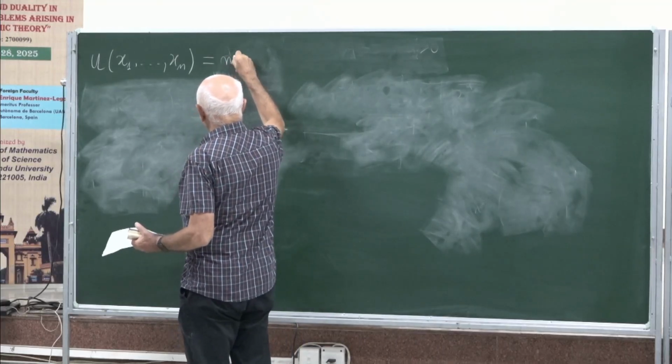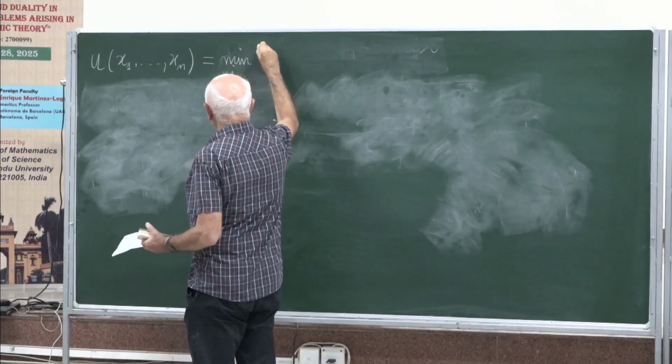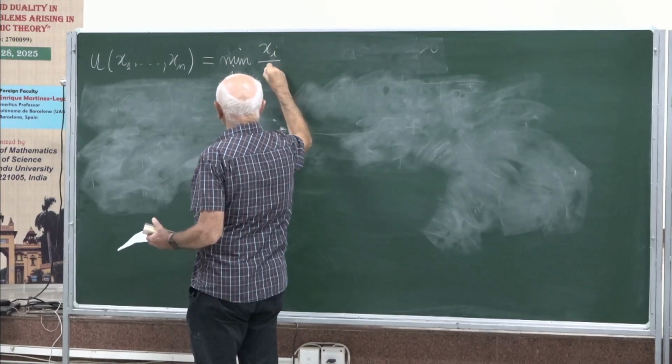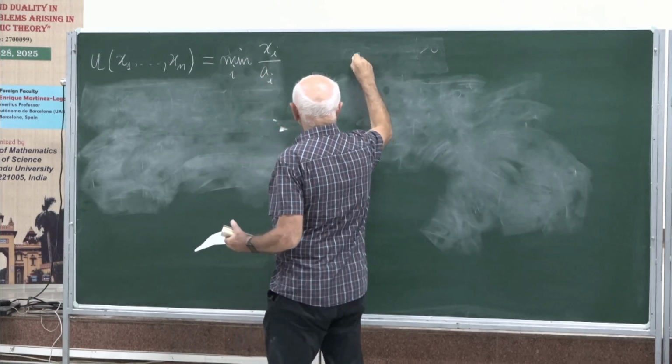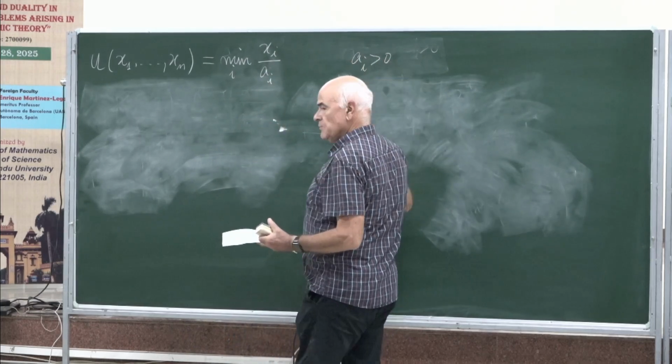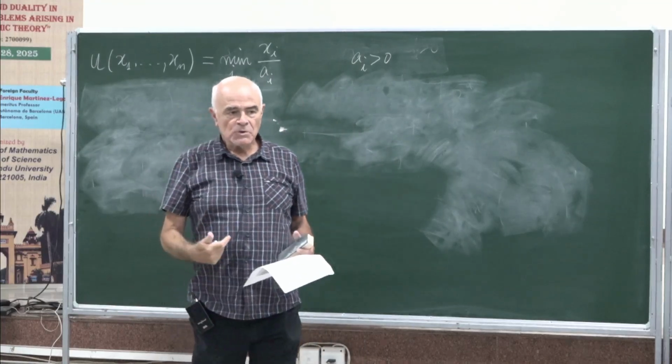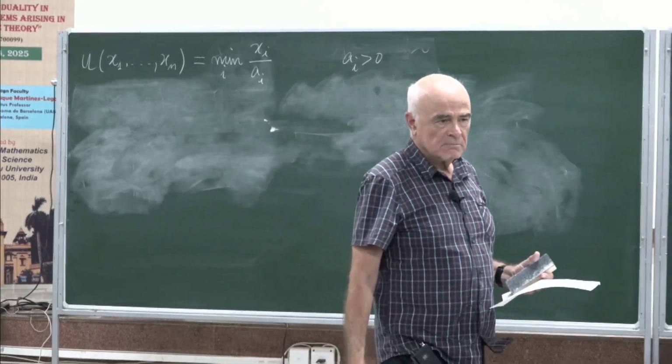So this is the minimum over i of xi over ai for ai positive. It also makes sense as a utility function.